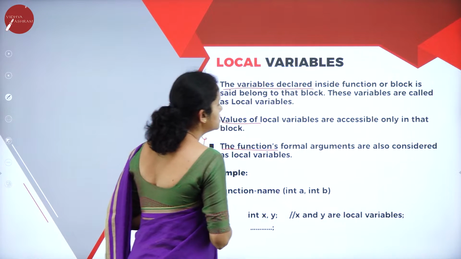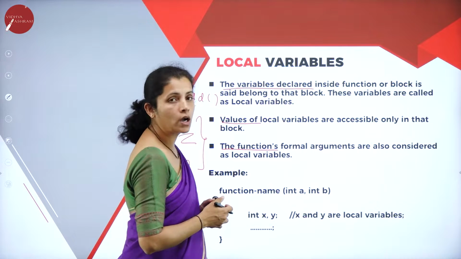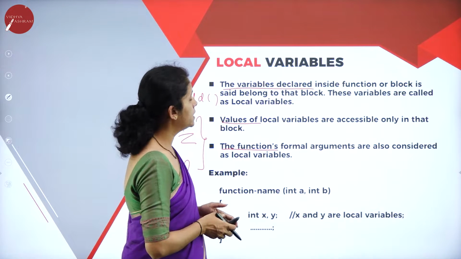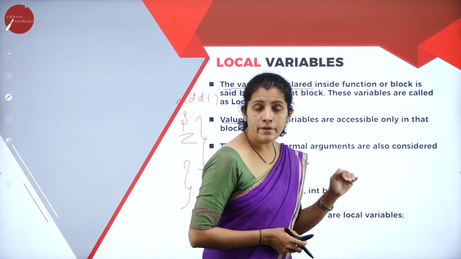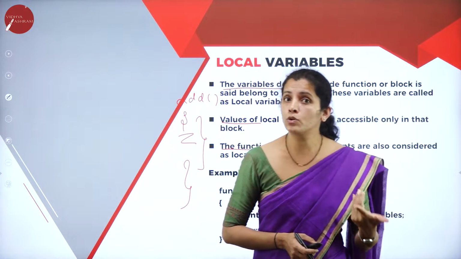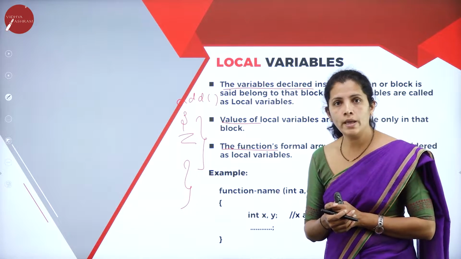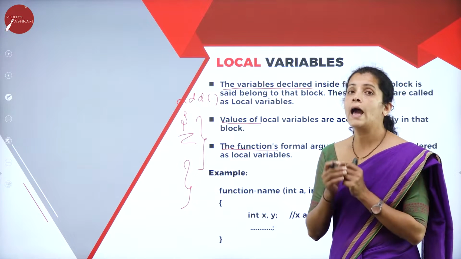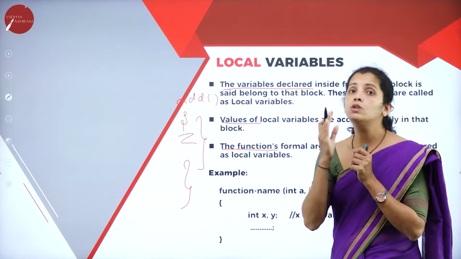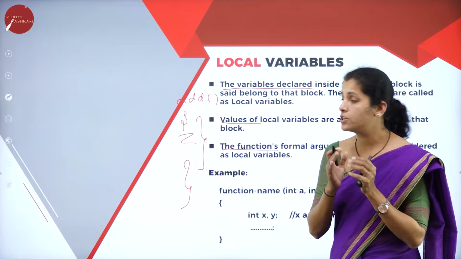The function's formal arguments are also called local variables. That means whatever formal arguments I have in my function prototype are also examples of local variables. That means the formal variables are accessible only throughout that block or that function.